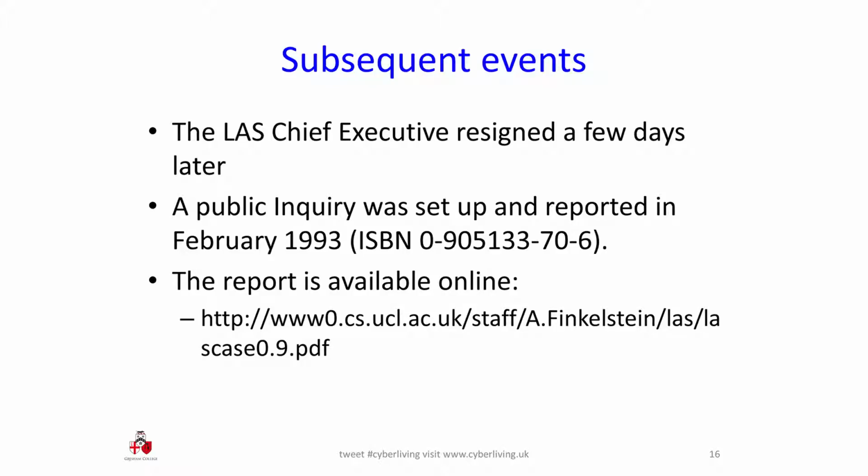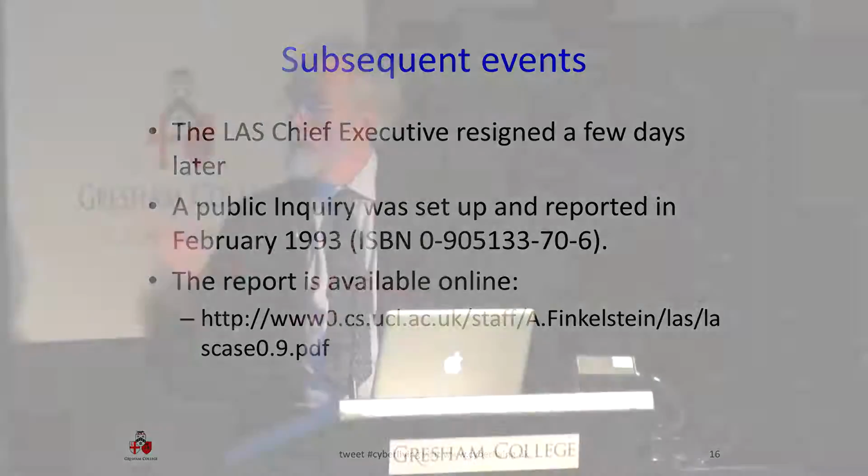A public inquiry was set up, and a report is available, and in fact, Anthony Finkelstein has scanned it and made it available online. So if you want to see the full details of that report, which gives a much richer picture than I've been able to, then that's where you'll find it.